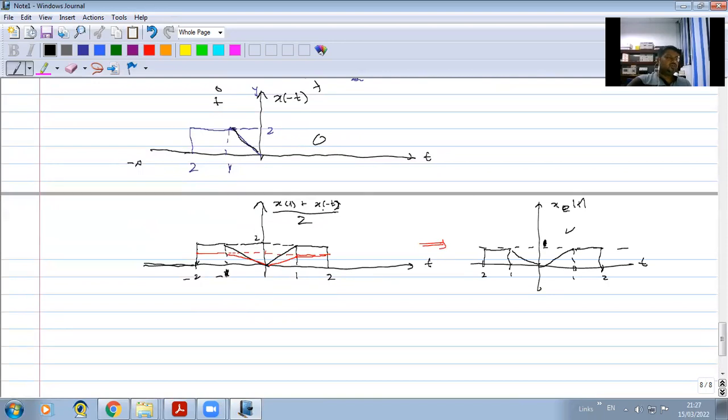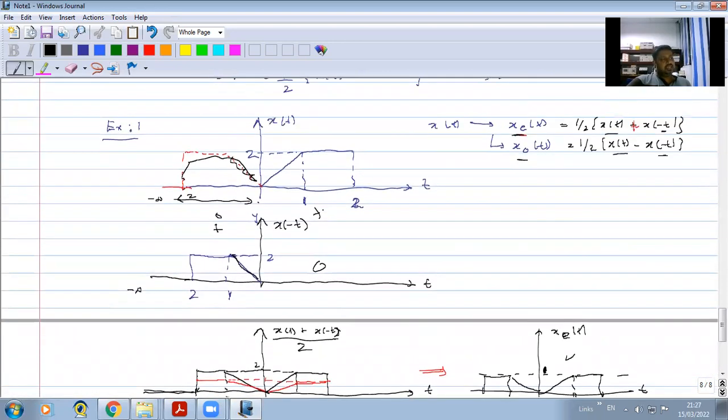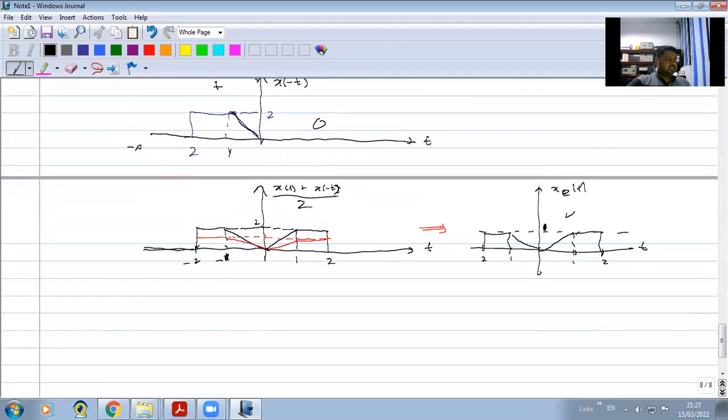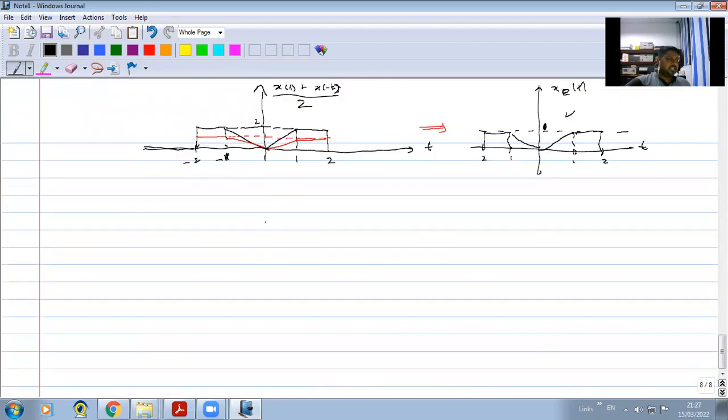In the same way, can you find the odd signal? For the odd signal you have to subtract. So what if I subtract? Let's draw. This is t, this is x(t) minus x(-t).